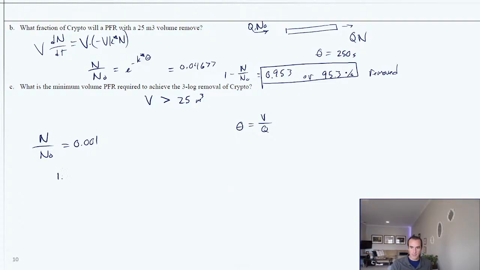So let's take this form, the natural log of 0.001, to get rid of the e to the minus K, the e to the power of.